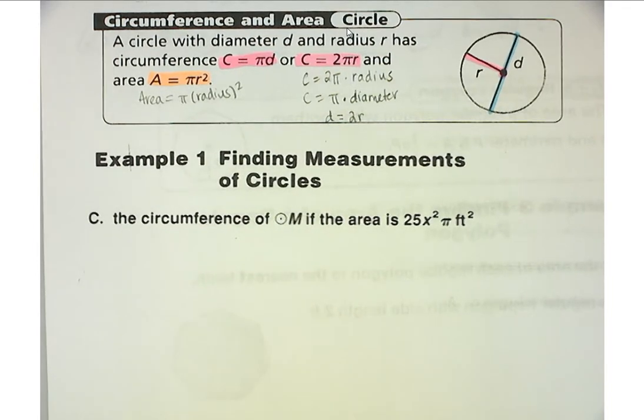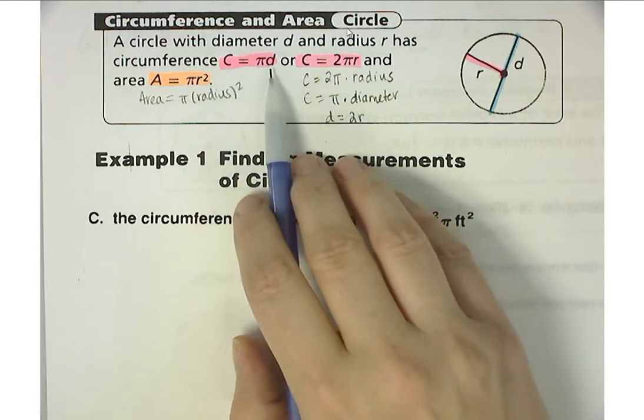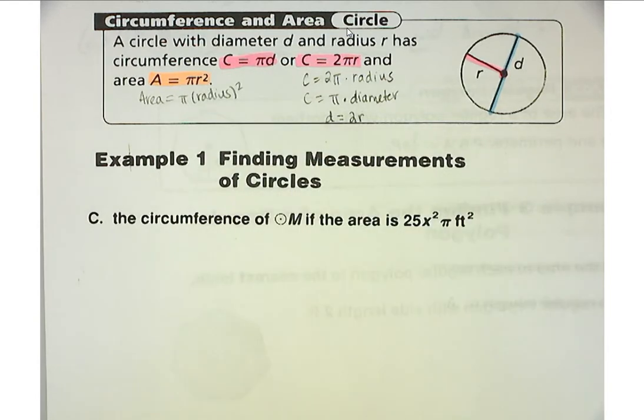Okay, so for example 1, we're going to start finding measurements of circles. Now, a lot of times you are going to be leaving things in terms of pi, so pi is going to be part of your answer. So the relationship between the circumference and the diameter is this unit of pi.